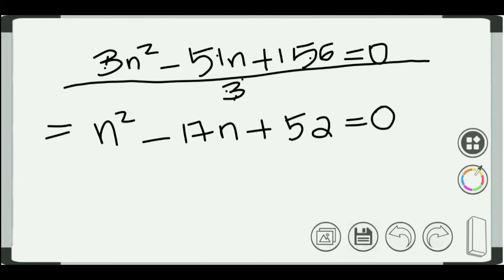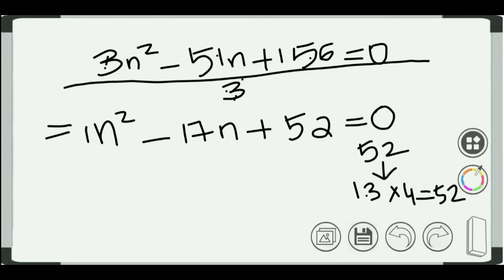Now I am splitting the middle term. So 1 into 52 is what? 52. I am taking the factors of 52 so that when I add them, I should get the middle term, that is minus 17. So I am taking 4 and 13. That means 13 into 4 is what? 52. So when I add these two, I should get minus 17.